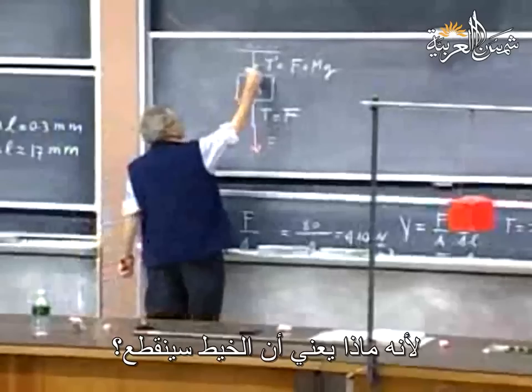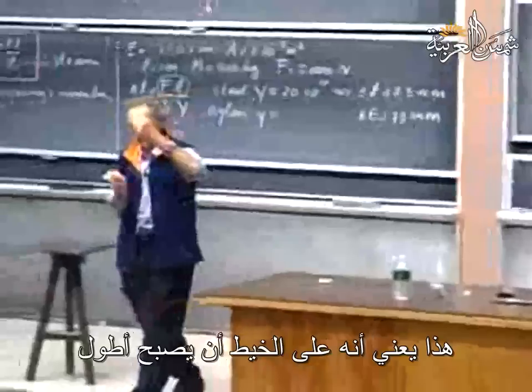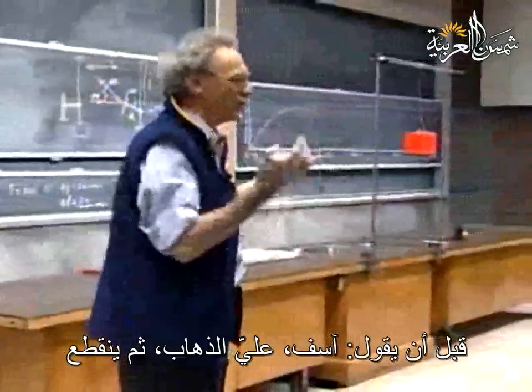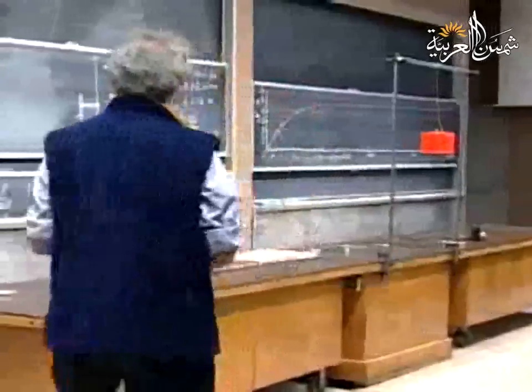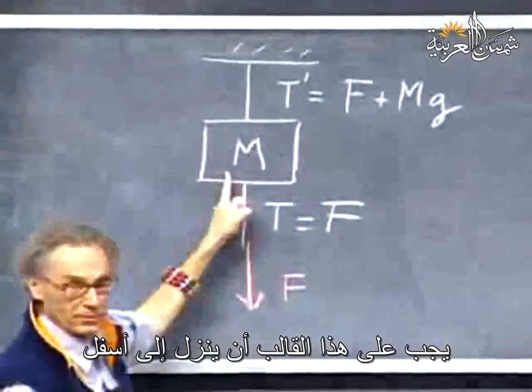Because what does it mean that this string is going to break? It means that the string has to get longer by a certain amount delta L before it says, sorry, I've got to go, and it breaks. For this string to get longer by a certain amount delta L, this block has to come down.